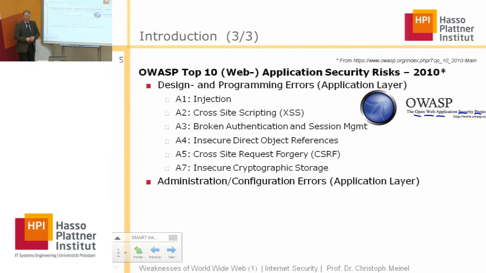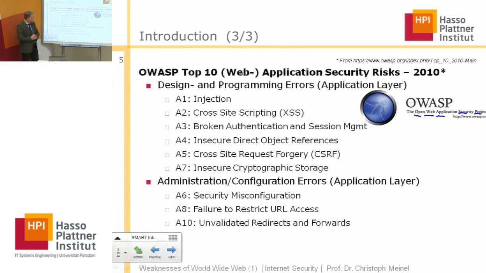Then the next group comes from administration and configuration errors, also in the application layer. So we have security misconfiguration, failure to restrict URL access, and invalid redirects and forwards.